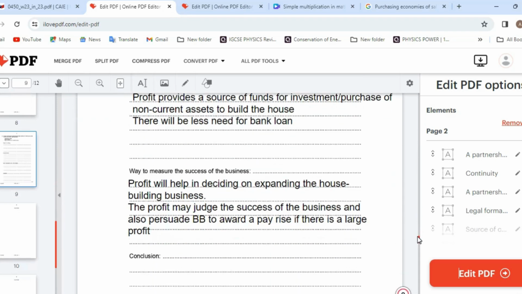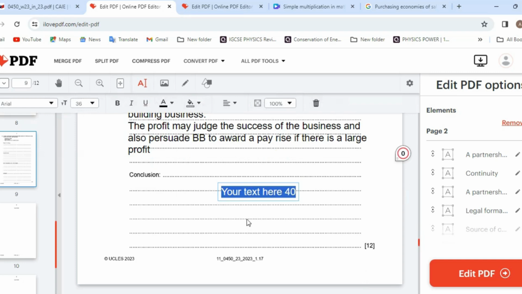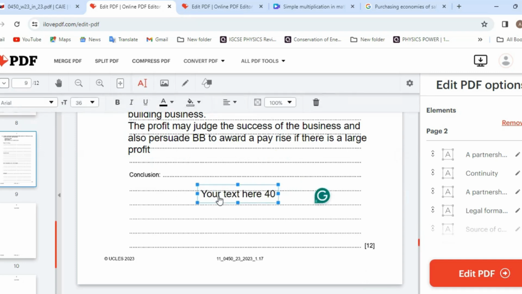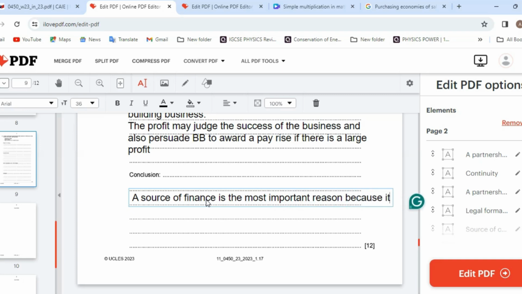Okay, let's see the source of finance. Profit is important as a source of finance. Let's put our conclusion on that. A source of finance is the most important reason, according to us, because it will reduce the need to borrow money.